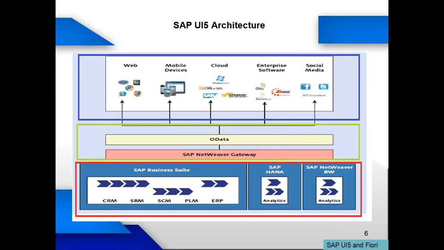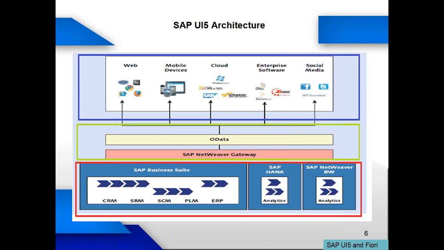Let's see what the SAP UI5 architecture is. In SAP we have three layers in R3 architecture: presentation, application, and the database layer. Here too we can classify the architecture into three. One is presentation.